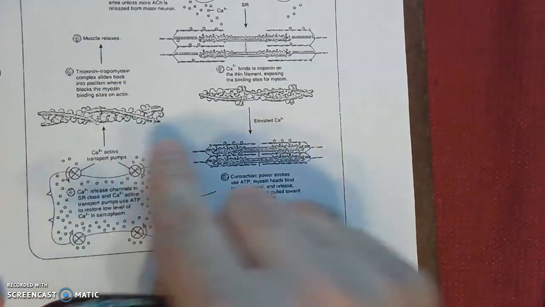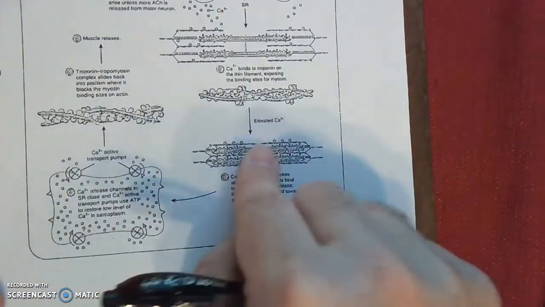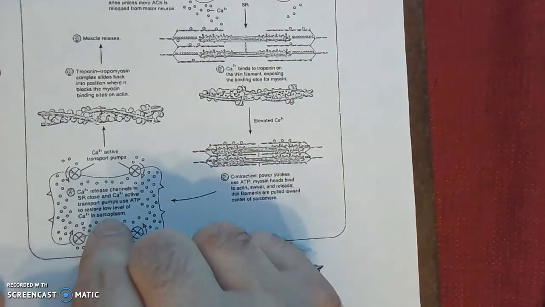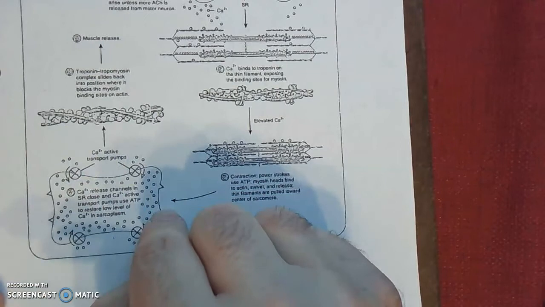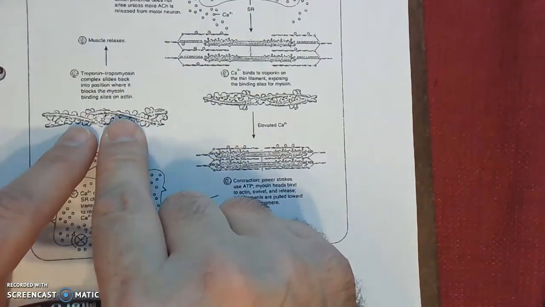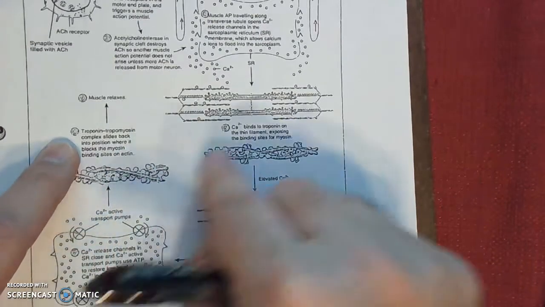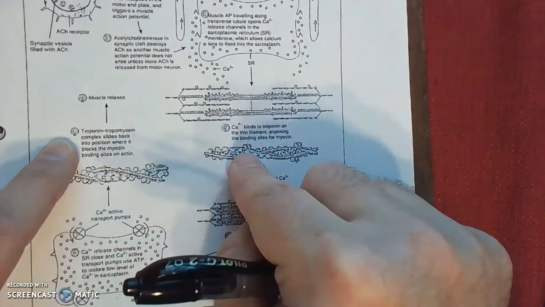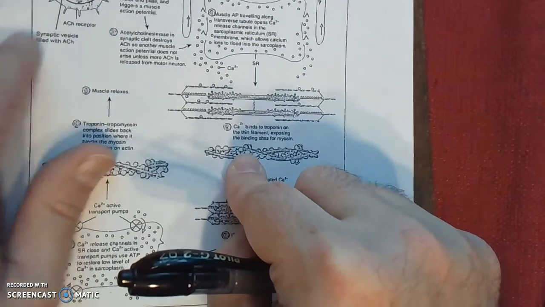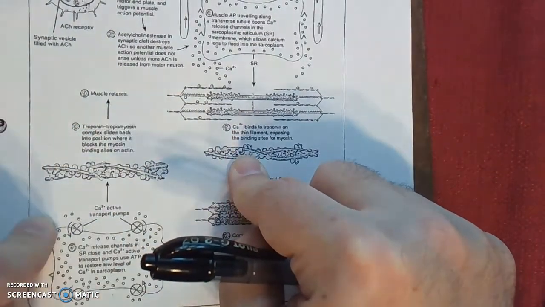We have calcium active transport pumps that require energy to pump calcium, which is in high concentration now since it was released, to cause a high concentration inside the sarcoplasmic reticulum. And then we go back to relaxation. But it can go back to here if we remain with the cycle.